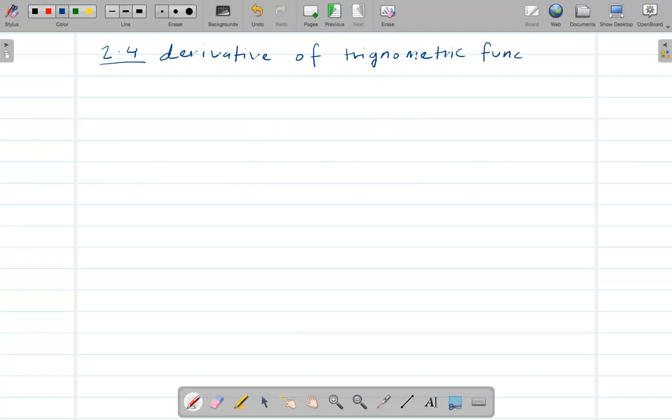Derivative of trig functions. When you're taking the derivative of trig functions, the functions to keep in mind are sine, cosine, tangent.